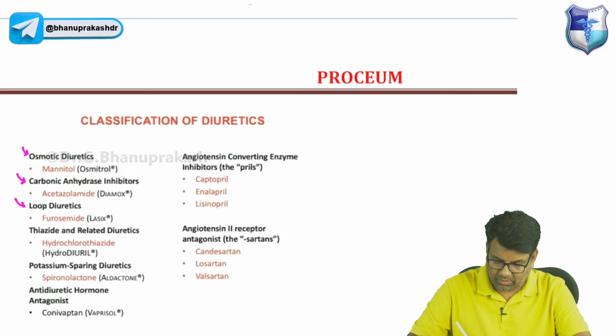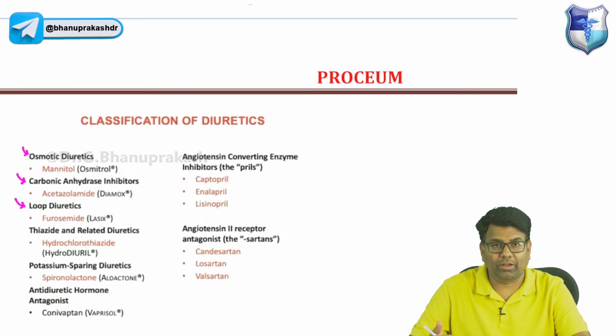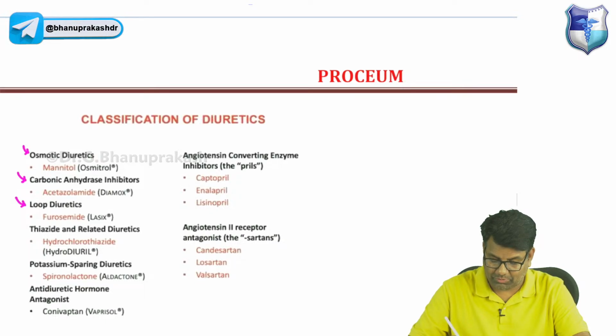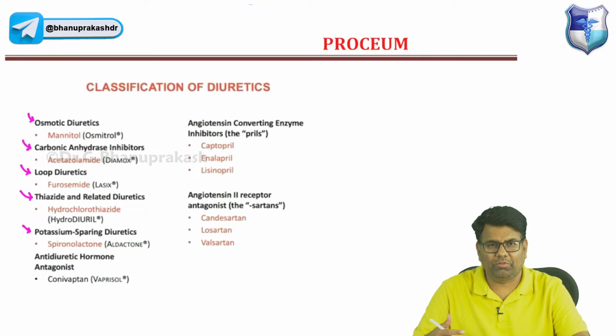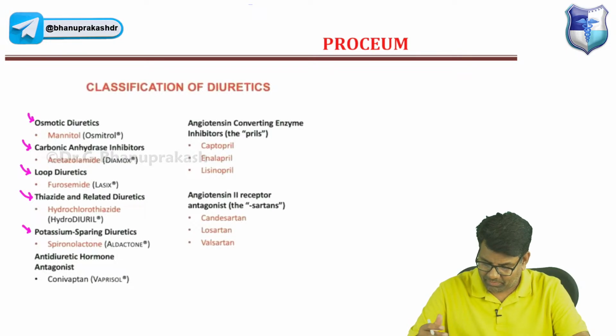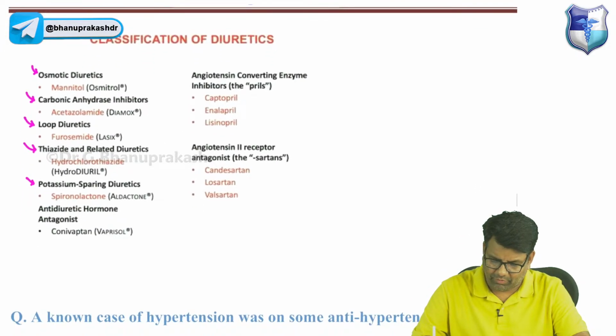The third one, or most important one, in fact, these are the loop diuretics, high ceiling diuretics, especially furosemide. Fourth one is the thiazide group, includes hydrochlorothiazide, and potassium sparing is spironolactone, which opposes the action of aldosterone. So remember at least these five groups.